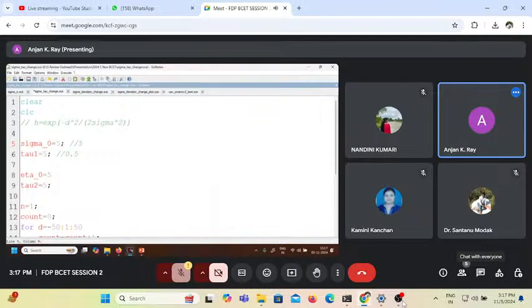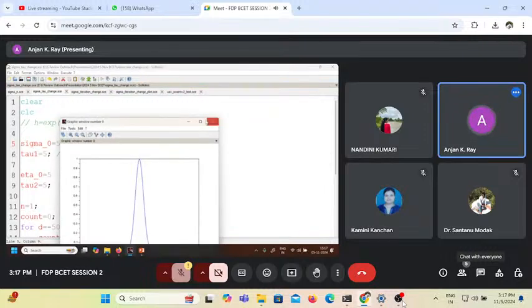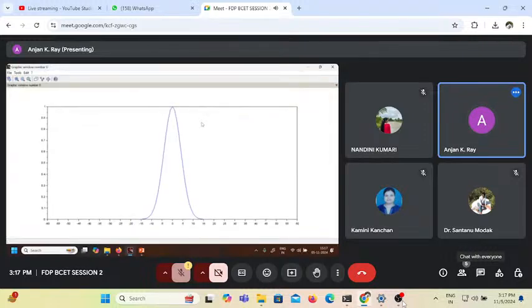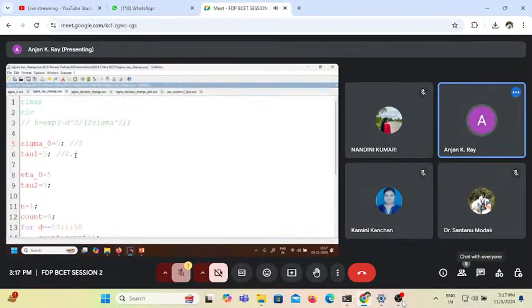So if you see here, the neighborhood function associated with this winner neuron has its maximum value at 0, but as the distance changes, the values change. But if I change the width, you will see what happens.